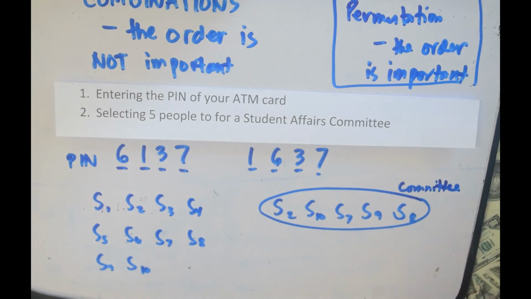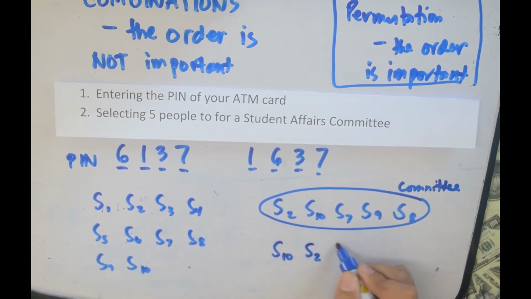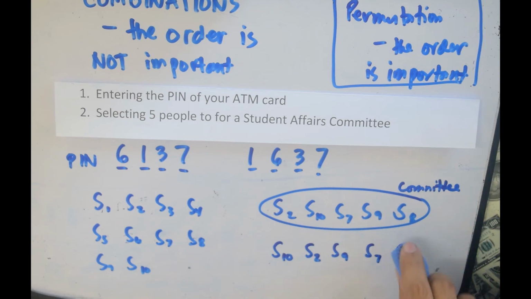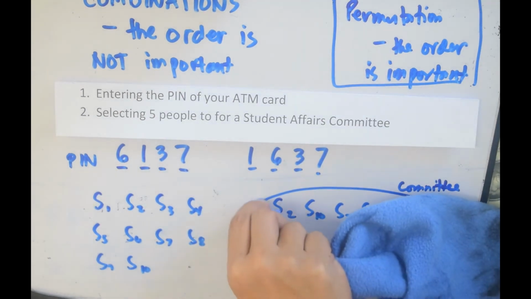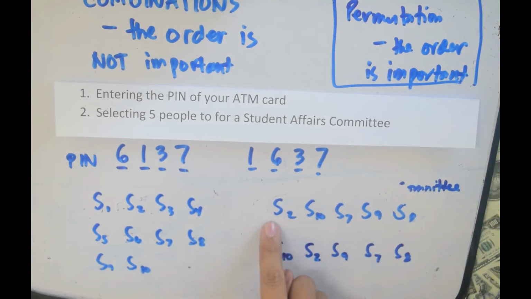How about if we rearrange this, like student 10, then student 2, student 9, student 7, and student 8? The arrangement here is not the same as this arrangement, right?